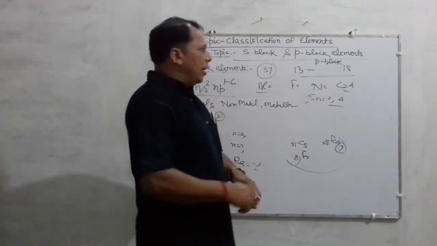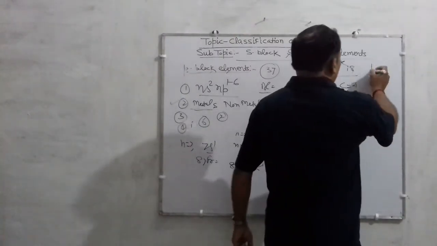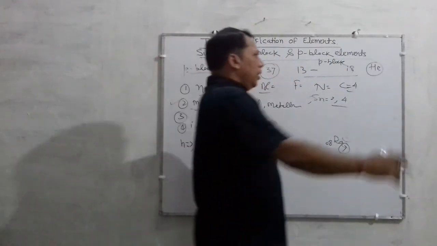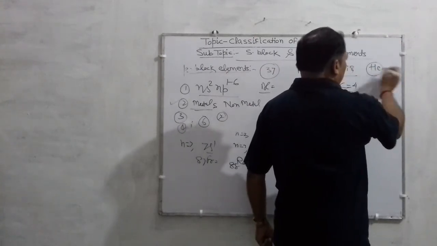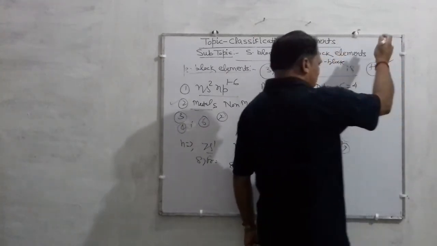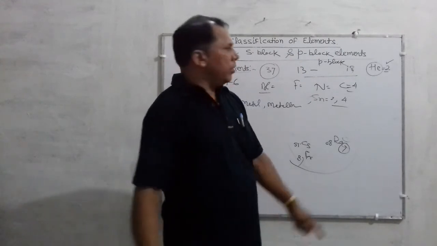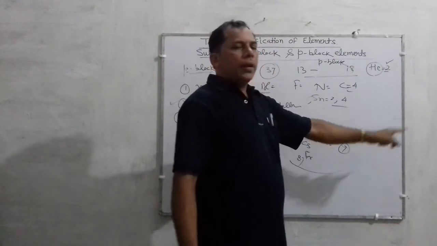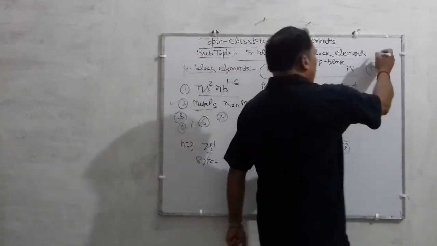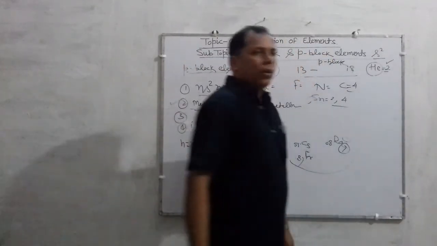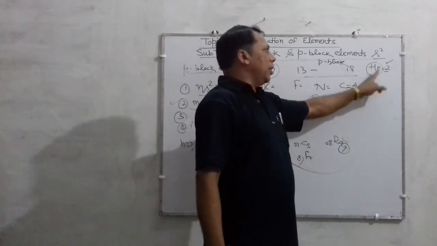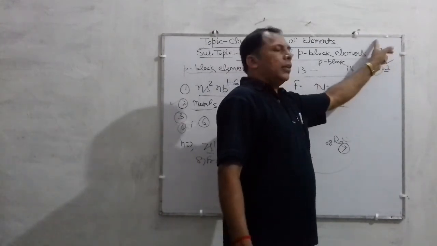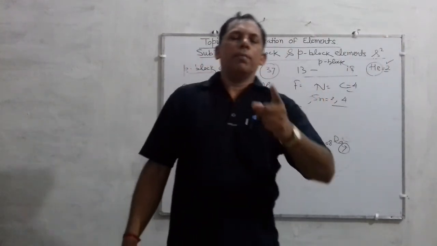One more point in this block, one element, helium, is an exception. It is considered under P block and it is with inert or noble elements because it shows the property of noble elements, but during writing of configuration it gets the position 1s2. So although it is a member of P block, during writing configuration it comes in S block.